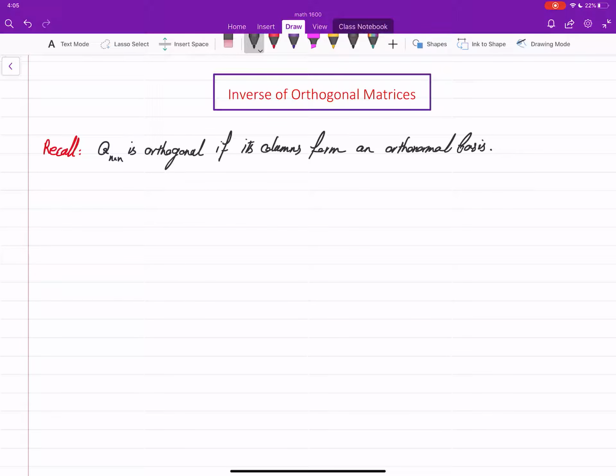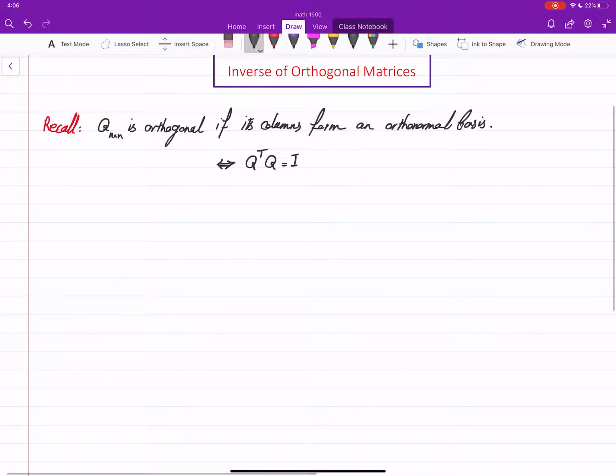And we saw that this has an equivalent version, which is Q transpose Q is identity. So that's another equivalent condition. But you see, if you have Q transpose times Q equals identity, it means that we have found a matrix which, when we multiply by Q from the left, gives identity.